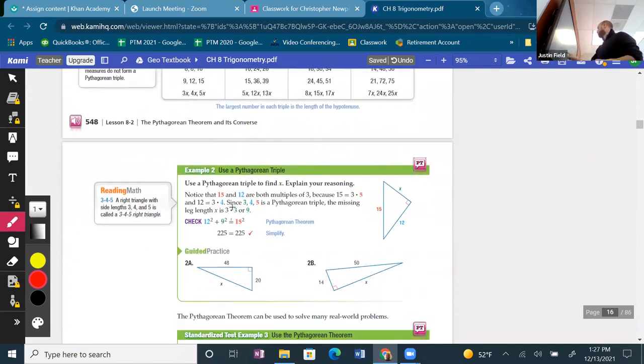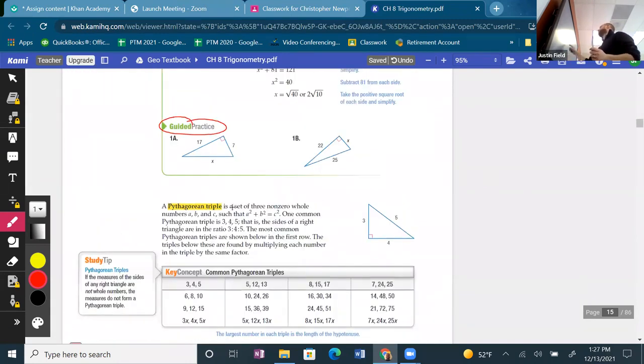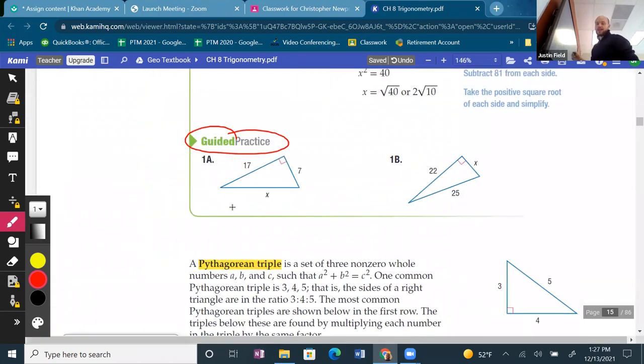Okay, let me slow down. When we do the Pythagorean theorem, we're going to start by labeling the sides. The side across from the right angle is always your C side, and then the A and B are interchangeable. I'm going to make 17 A and 7 B, and now I know A squared plus B squared equals C squared.